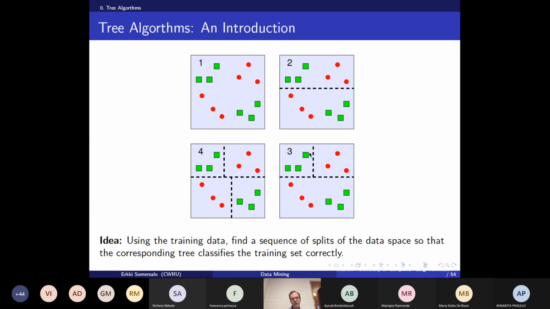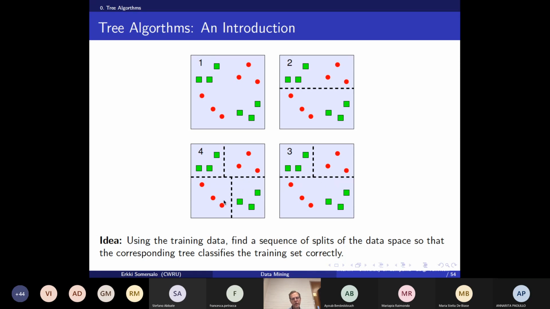I have the leaf containing these 3 green rectangles and another pure leaf up here. If I don't split the last rectangle any longer, this lower rectangle is a leaf because there is no splitting, but it's not a pure leaf because I have 2 mixed classes.